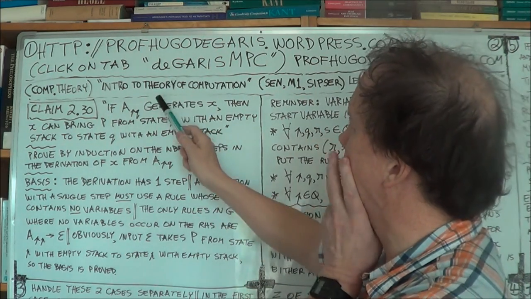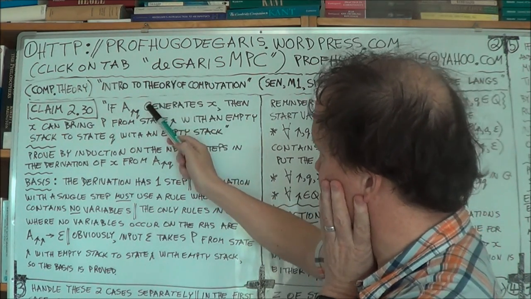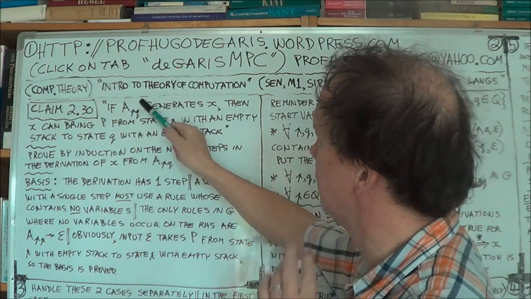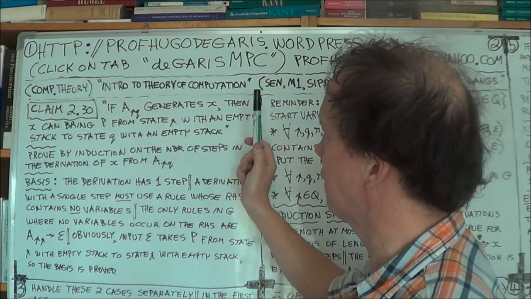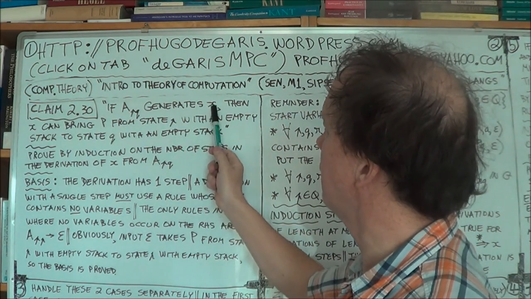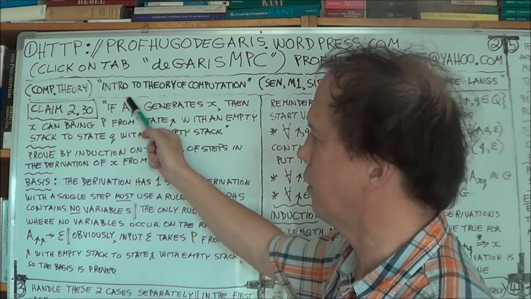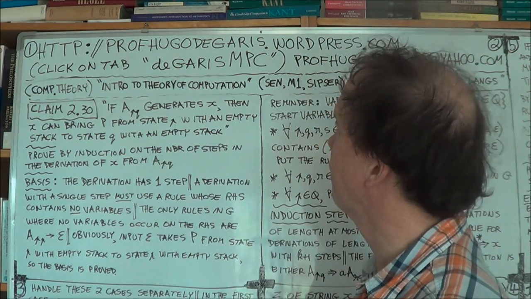Hold on. What are we saying? So you're told this variable generates x. Okay. So x is derived from this variable, right?